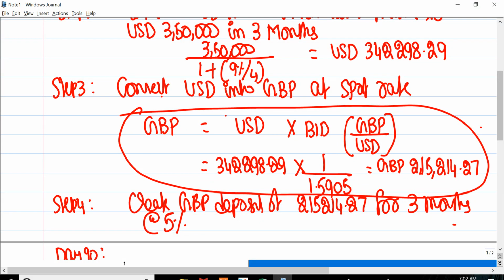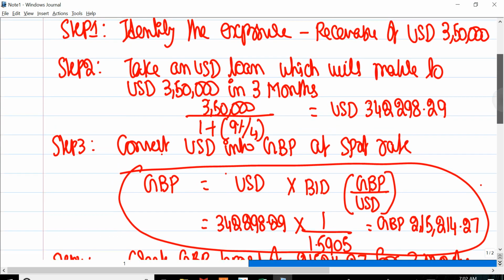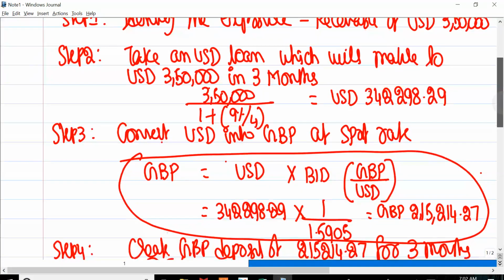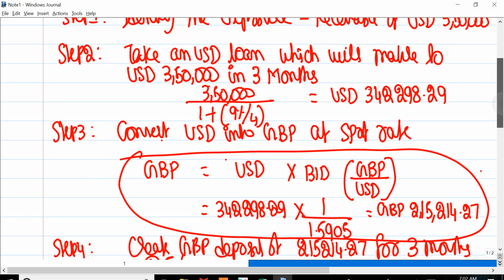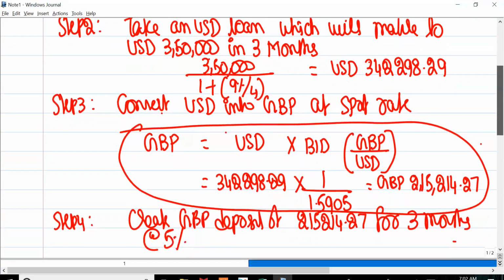You'll have to first identify the exposure. If it's a receivable, you will get a loan. If it's a payable, you will create a deposit. For the loan amount, you will have to divide by the interest rate of the US, which is no more 9% now. Then you will convert into GBP.